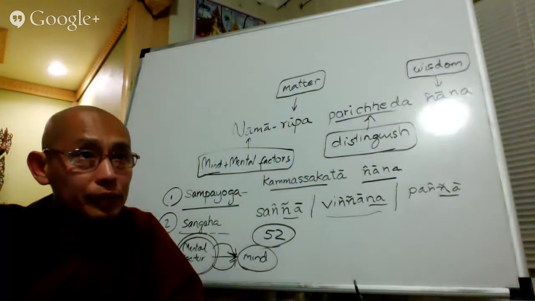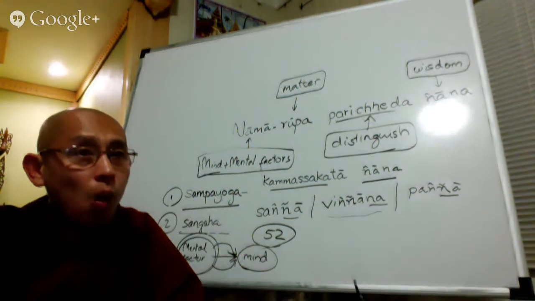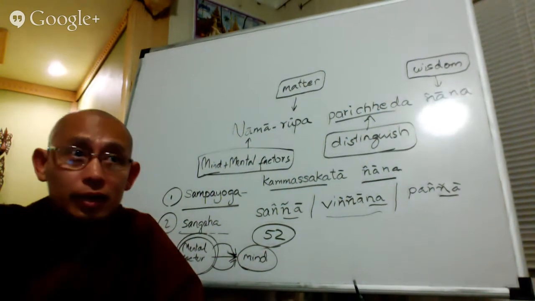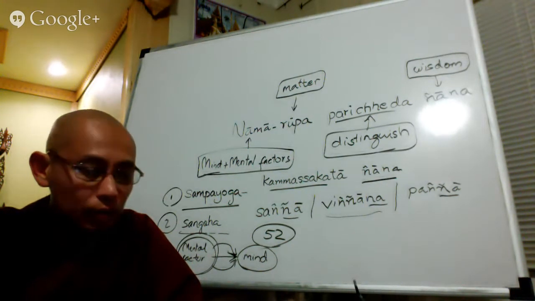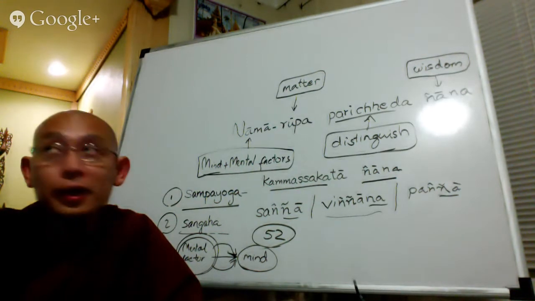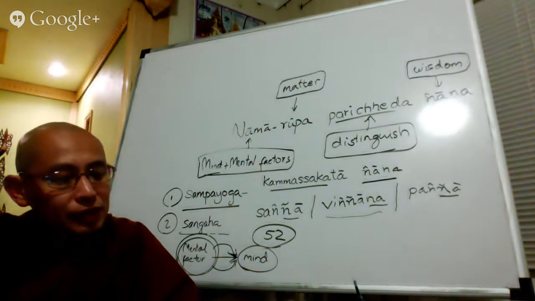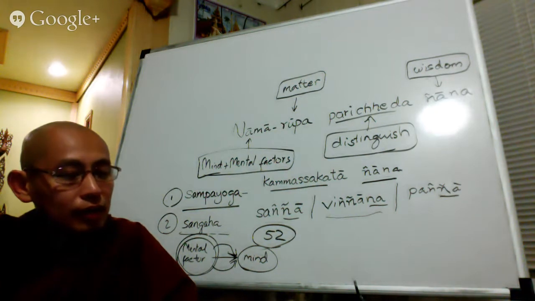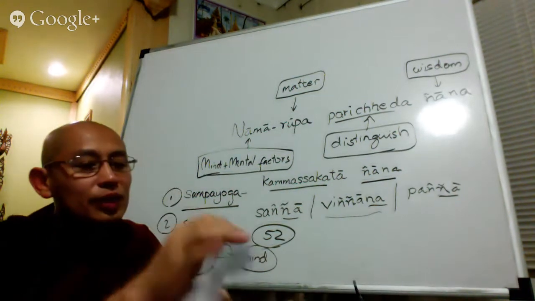This is brief counting, not detailed counting. Okay. And then adhimokkha is finished. After that, Viriya. So next page, go to Viriya.